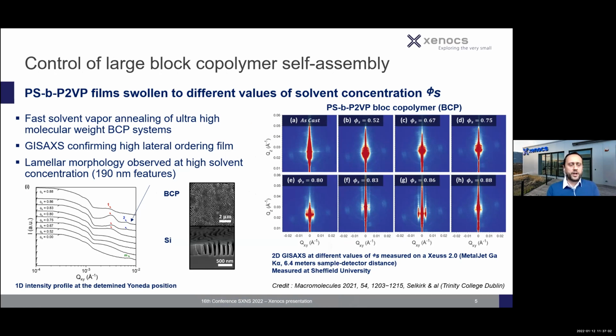They were able to achieve the assembly of block copolymers with an ultra-high molecular weight by fast swelling at high solvent concentration, and they achieved lamellar features with dimensions in the range of 100 nanometers. Here you have GISAXS measurements performed on a Xeuss instrument, showing the appearance of lamellar in-plane ordering at concentrations above 0.8.